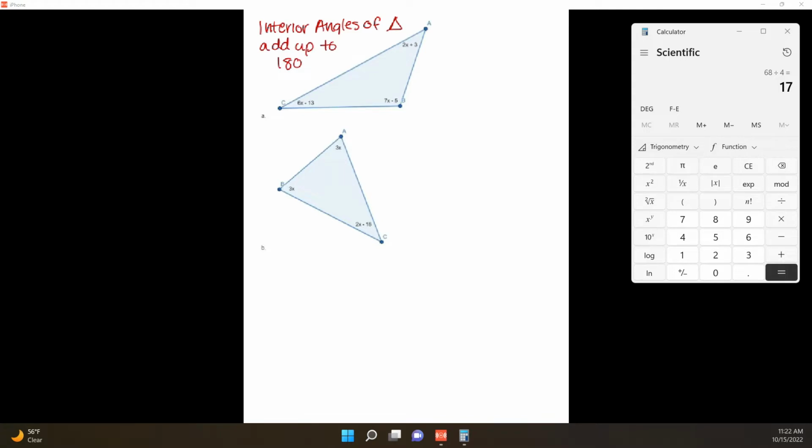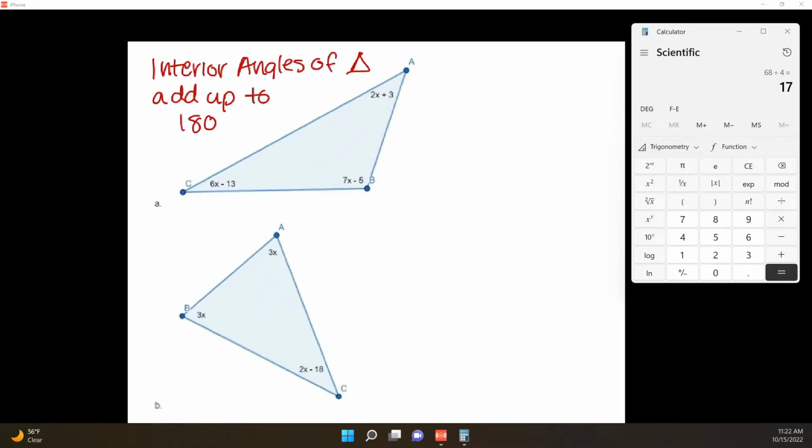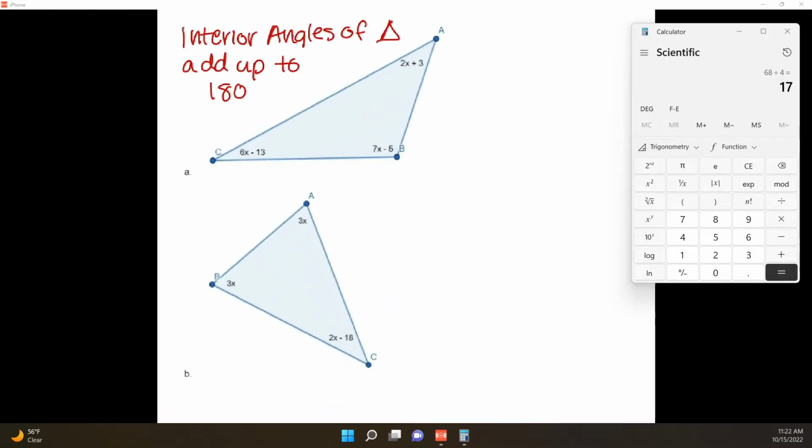So basically, all we need to do is add up all of the angles inside of the triangle and set them equal to 180. So for example, 2x plus 3, that's angle A, plus 7x minus 5, angle B, plus 6x minus 13, all of that is equal to 180.